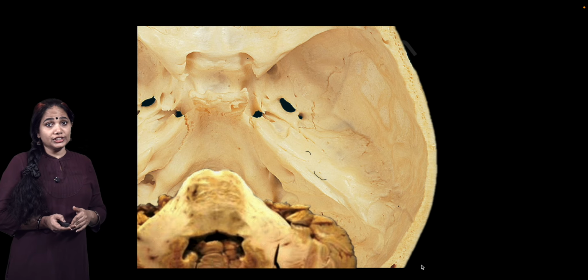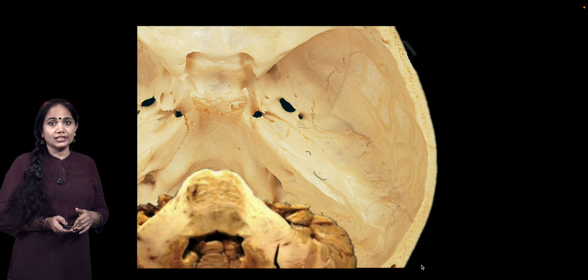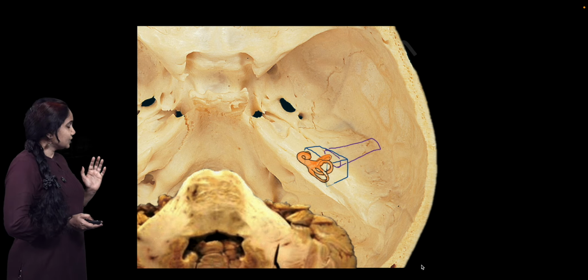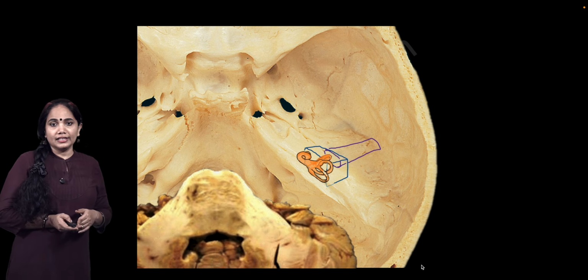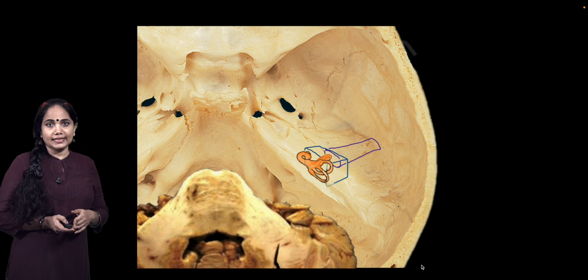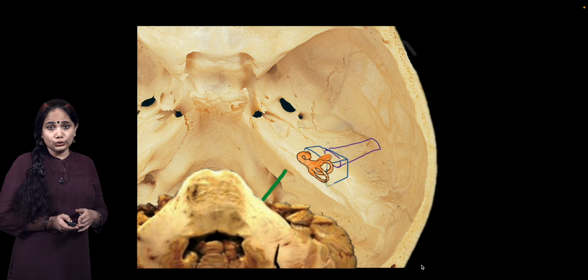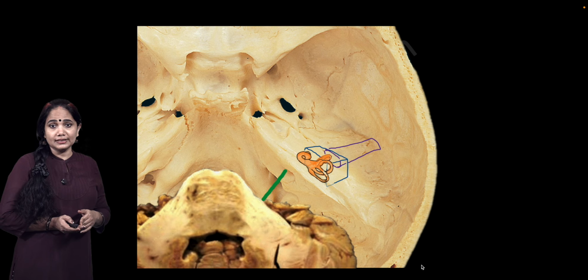Now, what is the orientation of the facial nerve within the petrous? Let us place the three components of the petrous in order: the innermost part, the internal ear, the box-like middle ear, and the canal of the external acoustic meatus. So the facial nerve enters through the internal acoustic meatus.